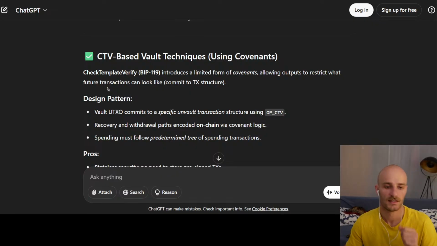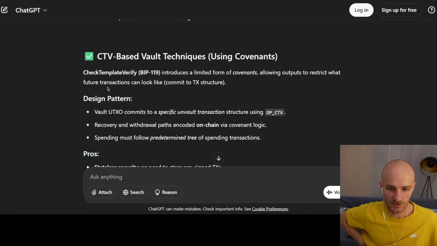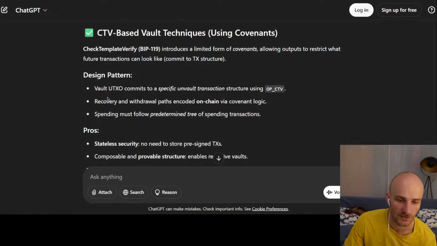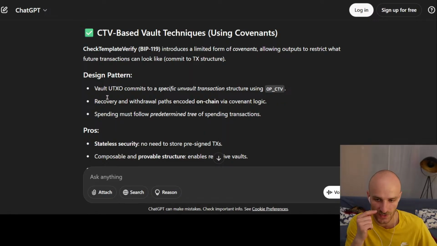Instead, when we're talking about CTV-based vault techniques, CTV is a limited form of covenants, allowing outputs to restrict what future transactions can look like. So the vault UTXO commits to a specific unvault transaction structure using OP_CTV. Recovery and withdrawal paths are encoded on-chain via covenant logic.